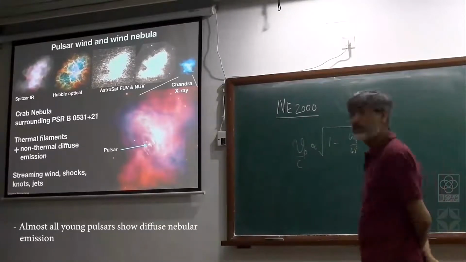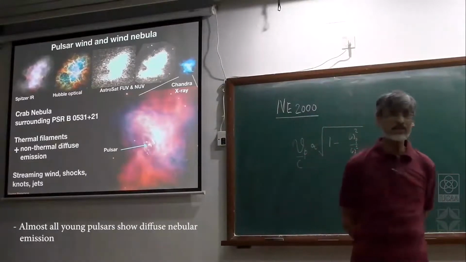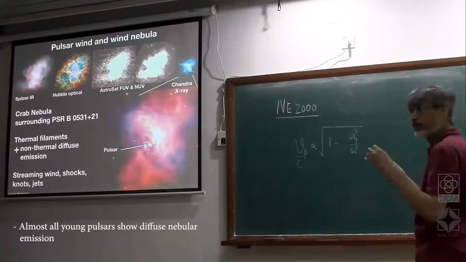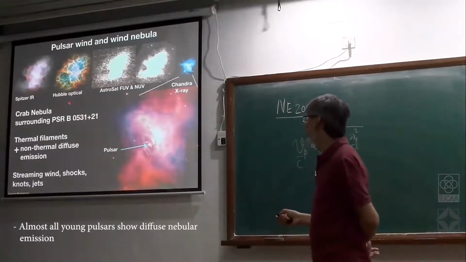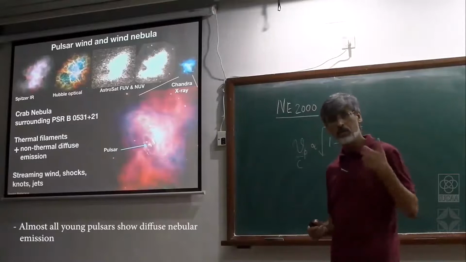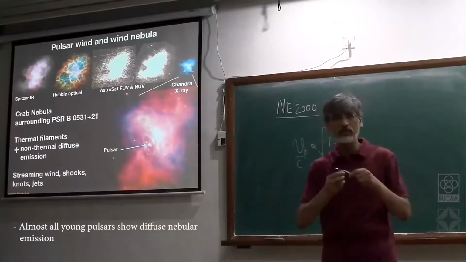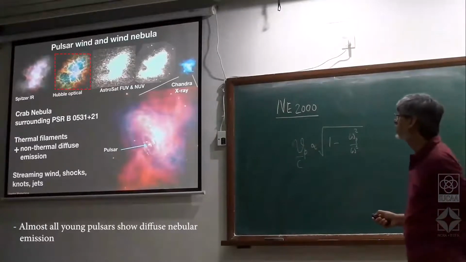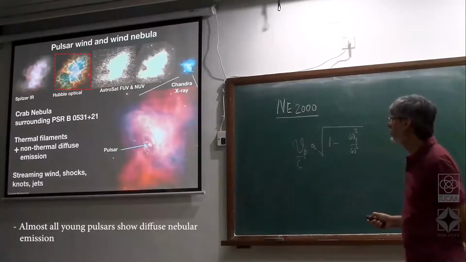So that is a regular gas which has been either ejected in the original supernova explosion or gathered from the interstellar medium. And then in the process of expansion, it's fragmented and produces these filaments. But inside this filamentary cage, you can see this diffuse blue emission.